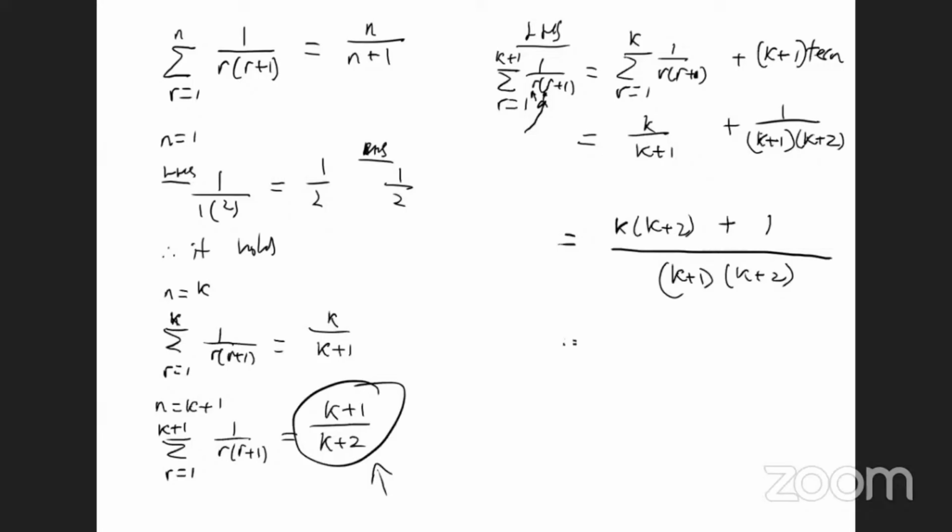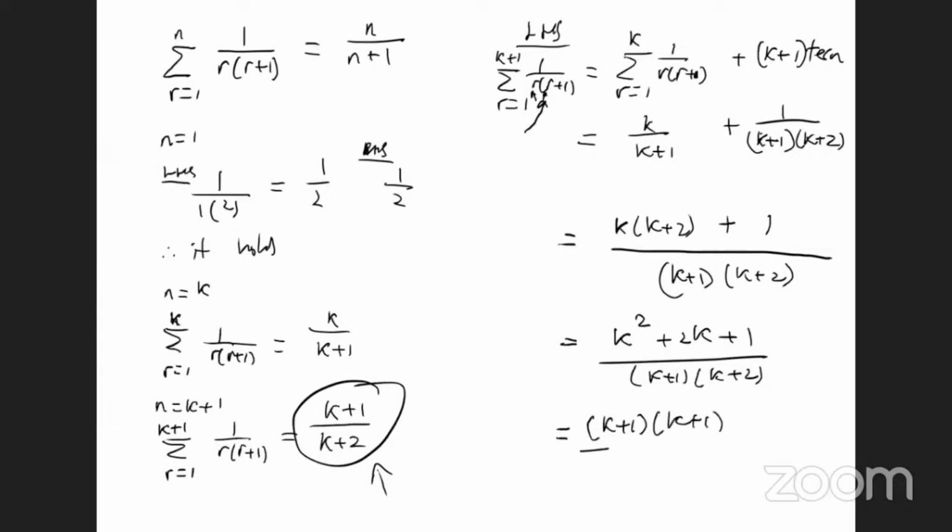So you have to finish it, factorize the top. k squared plus 2k plus 1 all over k plus 1, k plus 2. That is not it as yet. You still have more things to do. You have to factorize the numerator. k plus 1, k plus 1 all over k plus 1, k plus 2.